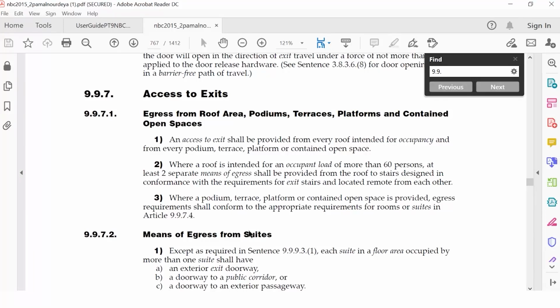So when you have more than 60 people on your roof, you need 2 separate means of egress, designed in conformance with the requirements for exit stairs, and they need to be remote from each other, similar to what exits need. Where a podium, terrace, platform or contained open space is provided, egress requirements shall conform to the appropriate requirements for rooms or suites. So where you're looking at rooms or suites, that's in Article 9974.